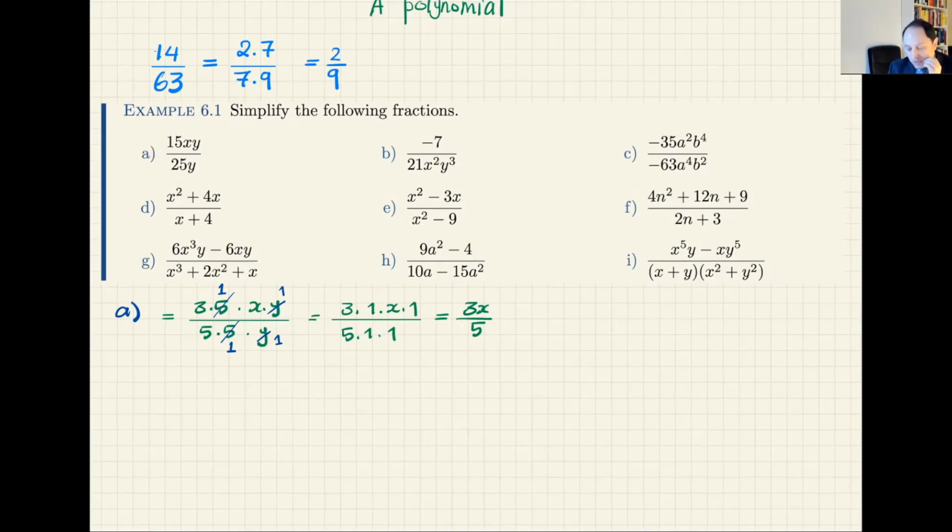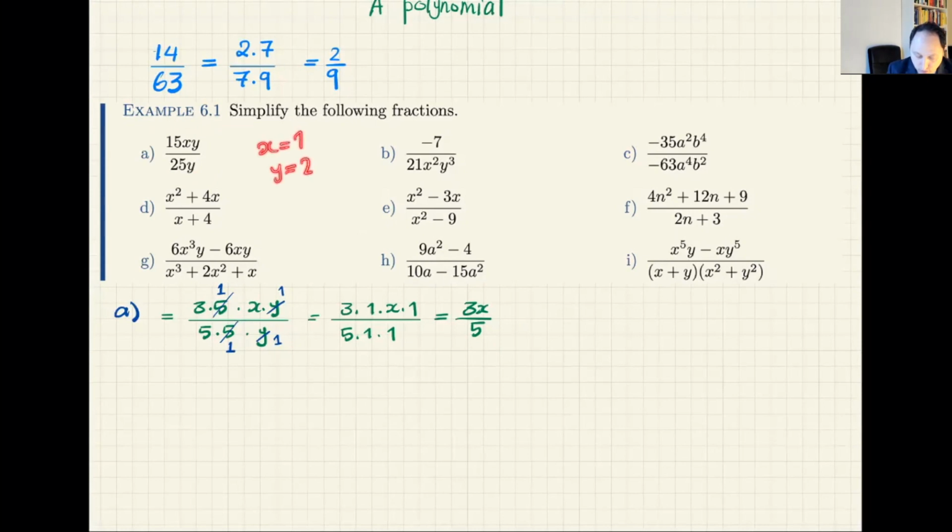If you solve this in the exam, for me, this is totally correct, but I want to draw your attention to some very important point. If I ask you, can you calculate this for x equal to 1, y equal to 2, you would say, yes, I will put x equal to 1, y equal to 2 and solve it. And if you calculate this one, you will get the same answer.